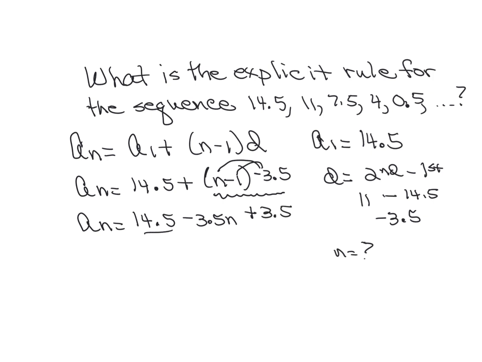I am then going to combine like terms, and I'm going to put my n first and combine like terms to get plus 18. Notice that the number times n is always going to be the difference in this particular sequence. Okay, it will be the difference in the sequence.